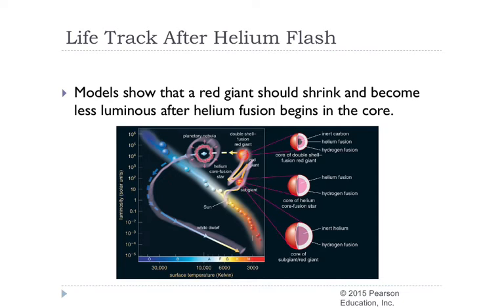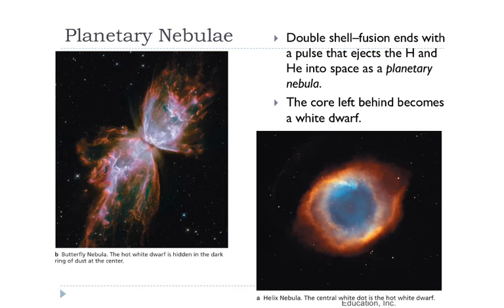So a low mass star at the end of its life will again have that helium flash, get unstable. It will turn into a planetary nebula, and then what would be left over will be a white dwarf, which is a corpse of a star. Here are a couple images of planetary nebulas, and we could see that these gases are just getting dispersed.